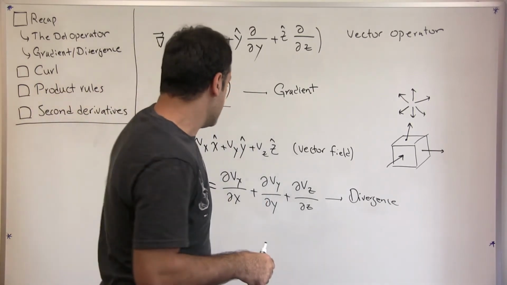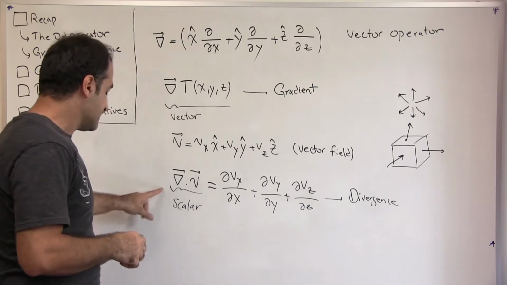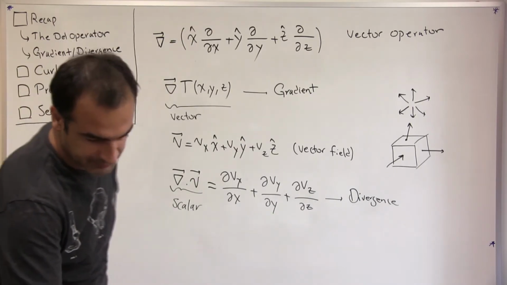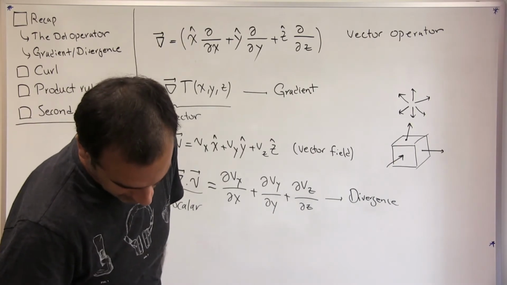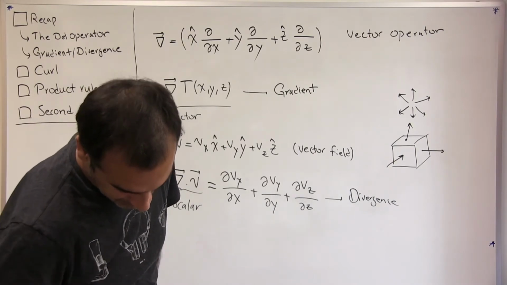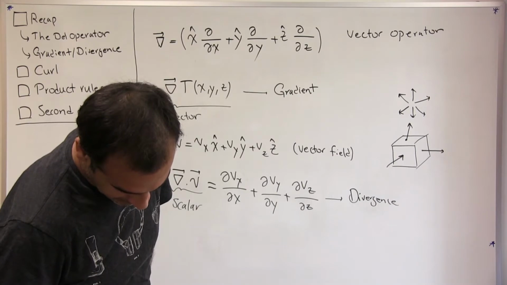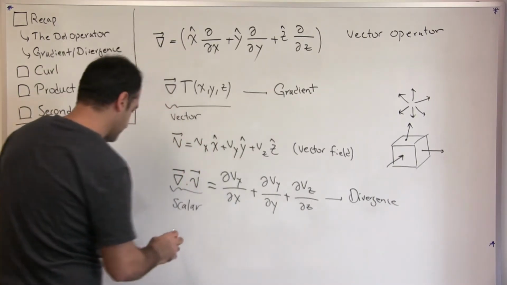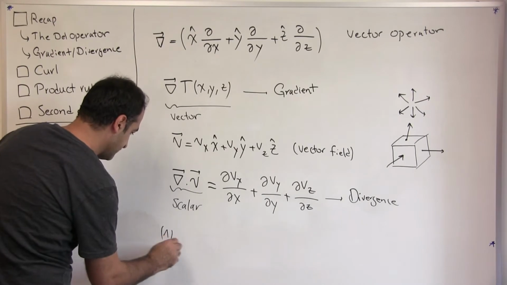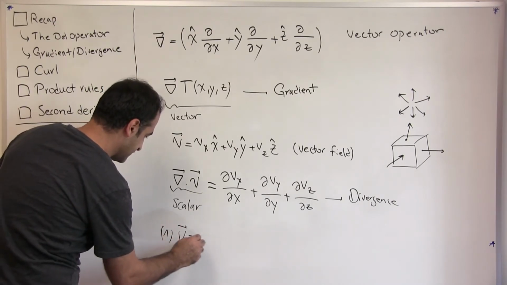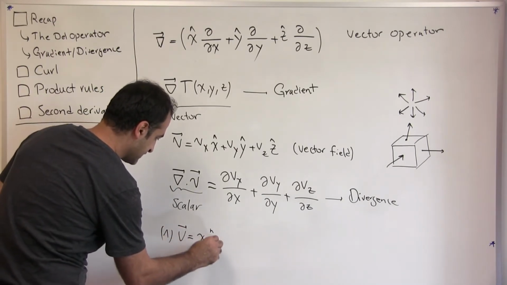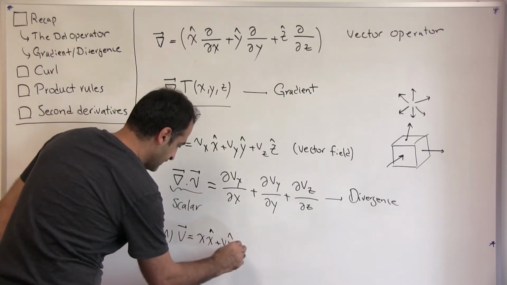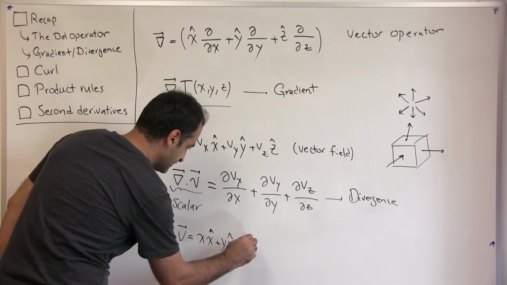Okay, so we did a couple of examples on divergence, I remember, right? We talked about a couple of different fields. One of them was the field being like x times x hat plus y times y hat plus z times z hat.